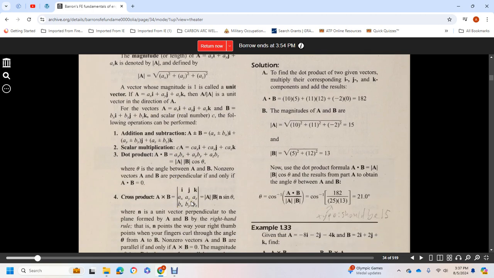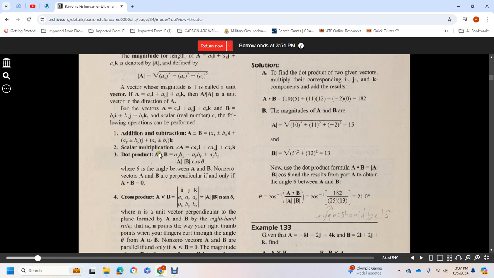Addition and subtraction: A plus or minus B is equal to (Ax plus or minus Bx) i plus (Ay plus or minus By) j plus (Az plus or minus Bz) k. Scalar multiplication: cA is equal to cAx i plus cAy j plus cAz k.